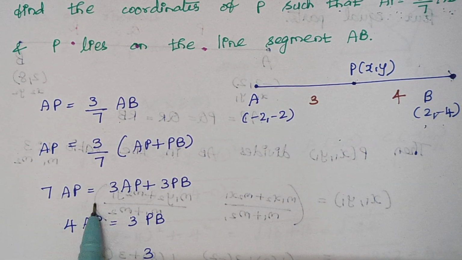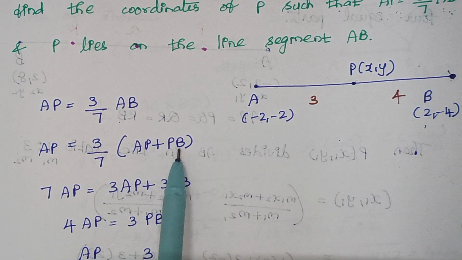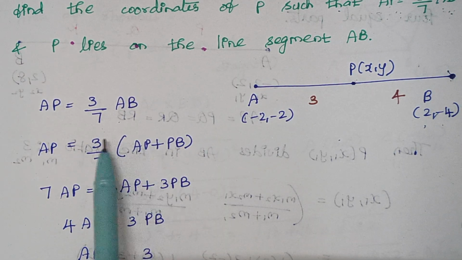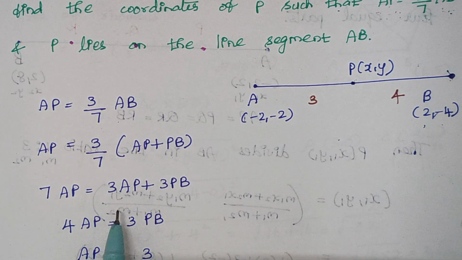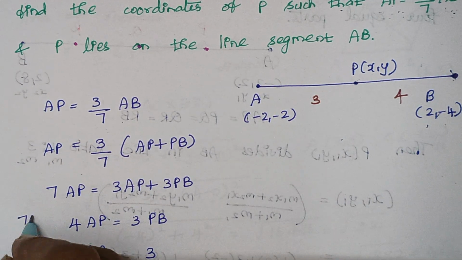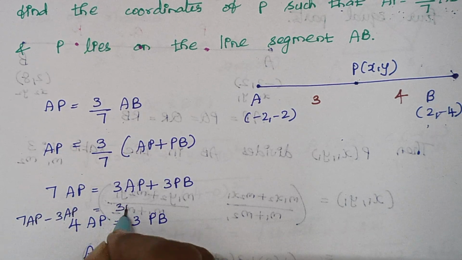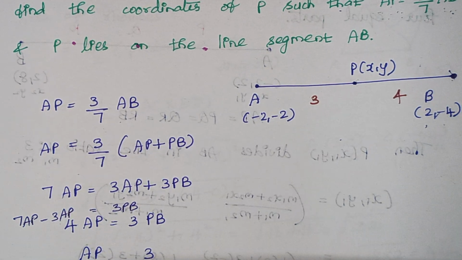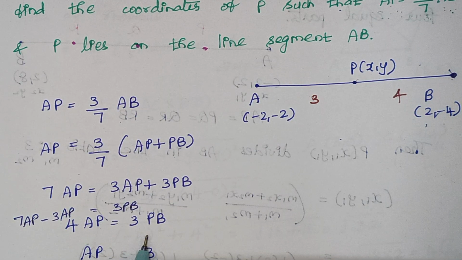So 7 AP is equal to, multiplying the 3 with the terms inside the bracket, 3 AP plus 3 BP. Now I am combining the AP terms together. When I move this 3 AP to the left hand side, 7 AP minus 3 AP is equal to 3 PB. So 7 minus 3 becomes 4. So 4 AP is equal to 3 BP.